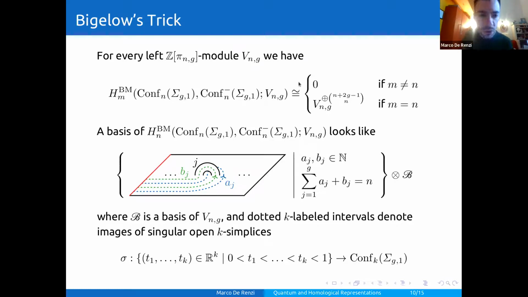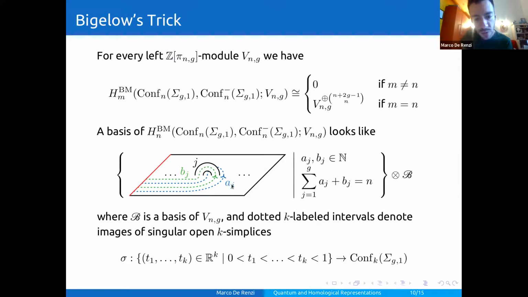So a basis for this homology space, for the nth one, the only non-trivial one, looks like this. Here I draw a picture to represent an element of the basis. I'm focusing on the jth handle, and I'm drawing two curves. One follows the meridian and goes back to the Δ minus part of the boundary, and the other goes along the longitude.